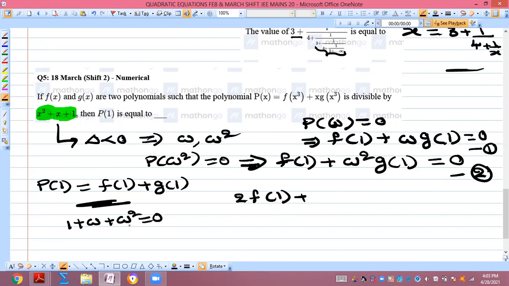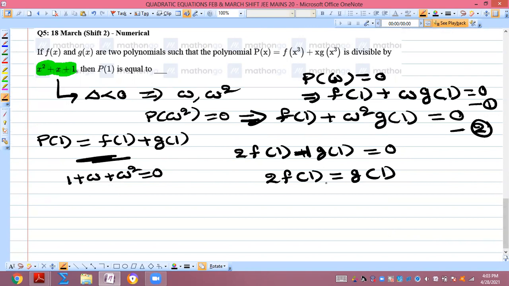So omega plus omega square is minus 1. That is directly I can write as minus 1 into g of 1 is 0. That is 2 times f of 1 is equal to g of 1. So here p of 1 is nothing but 3 into f of 1.